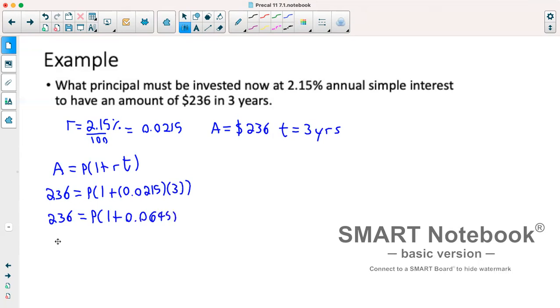So we have 236 is equal to P times 1.0645. And we'll divide both sides by 1.0645. And that should give us that we need to invest $221.70.